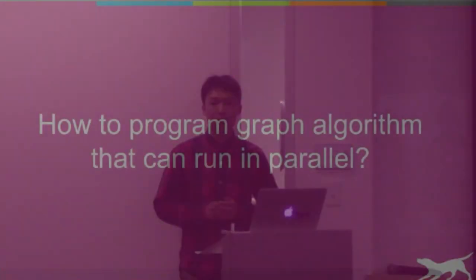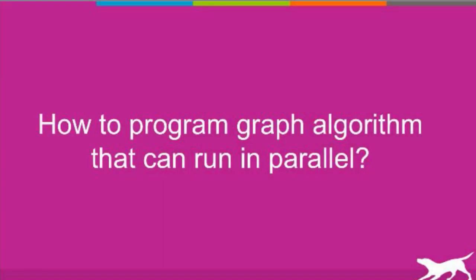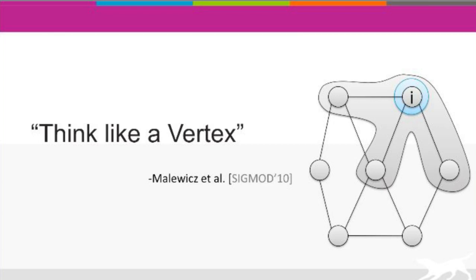Okay, in the next part of the talk, I'm going to discuss how you program a graph algorithm that can run in parallel. I will explain how we implement PageRank, and once you understand it, you can extend some graph algorithms or write your own graph algorithms. So one thought about this is to think like a vertex when you program a graph.